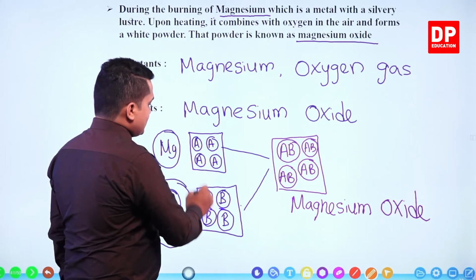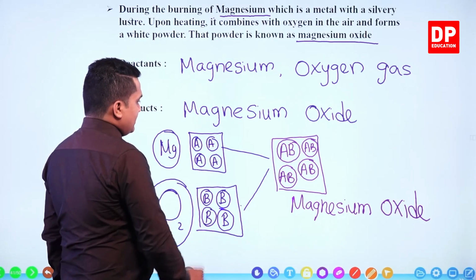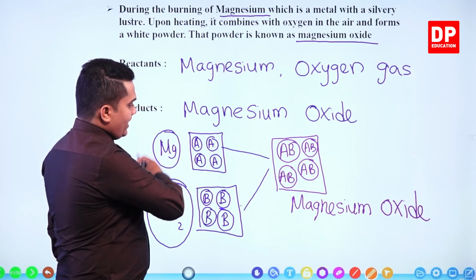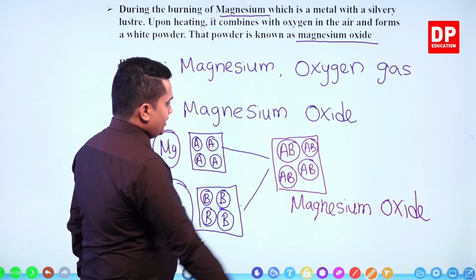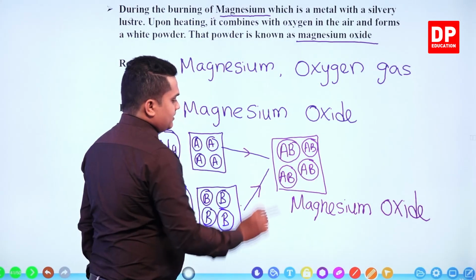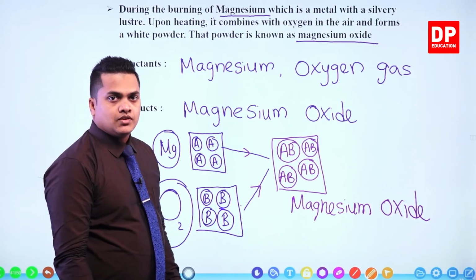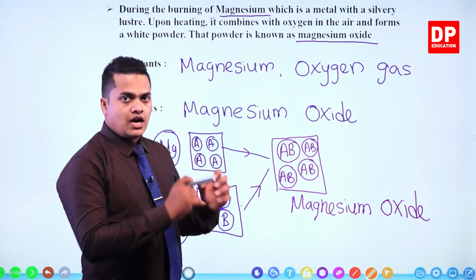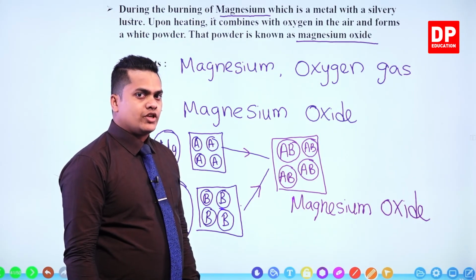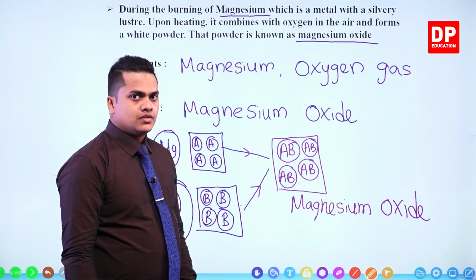These substances are called reactants. New substances which are created are called products. So this is how a chemical change, a chemical reaction, is going to work.